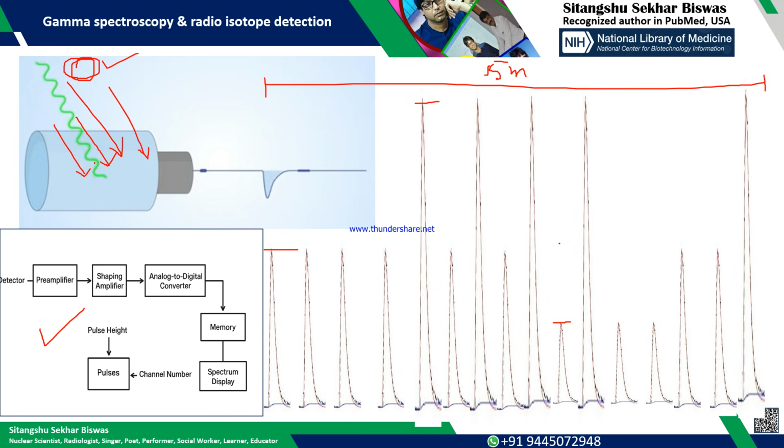So in the detector, once you keep the sample and wait for 5 minutes, first you get four 200 keV pulses, then one 300 keV pulse, then again one 200 keV, then 300 keV, then 200 keV, then 300 keV, then 100 keV, then 200 keV, then 200 keV, then 200 keV, and then one 300 keV.